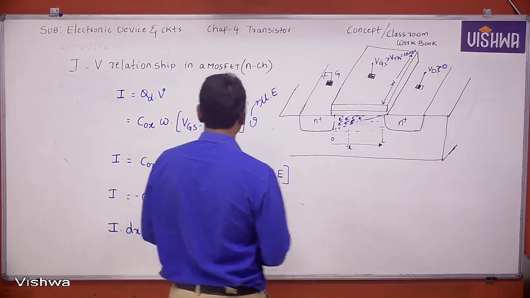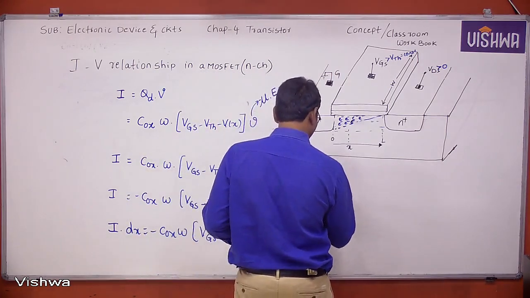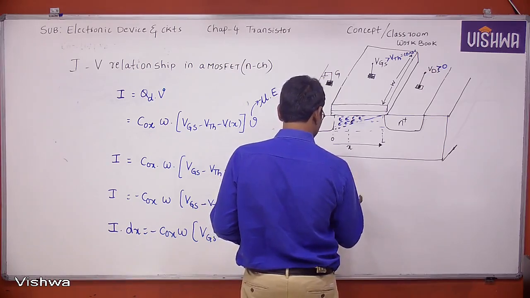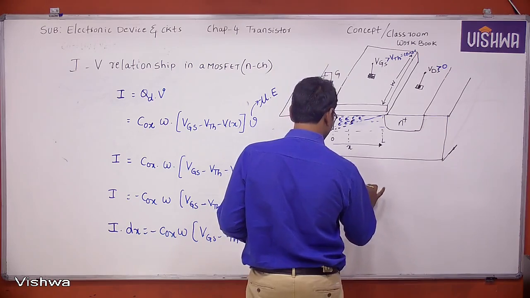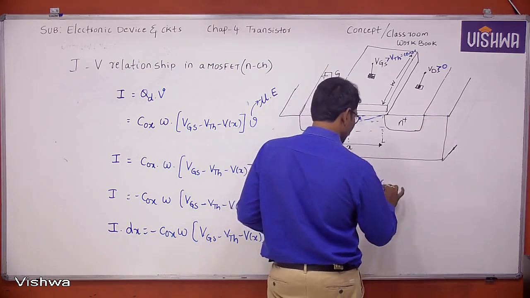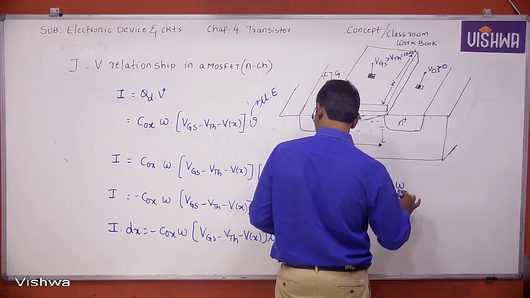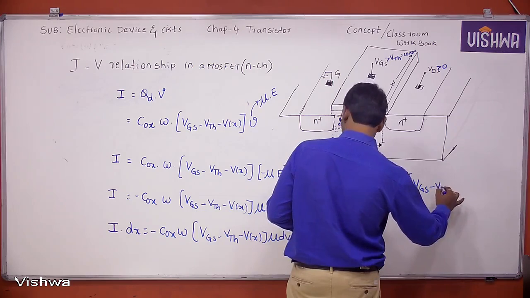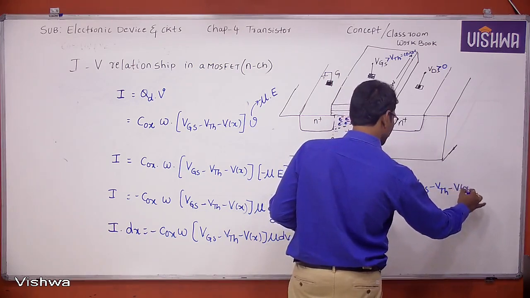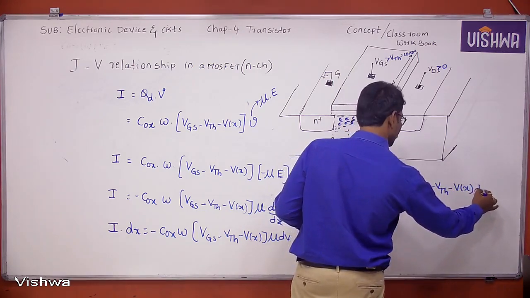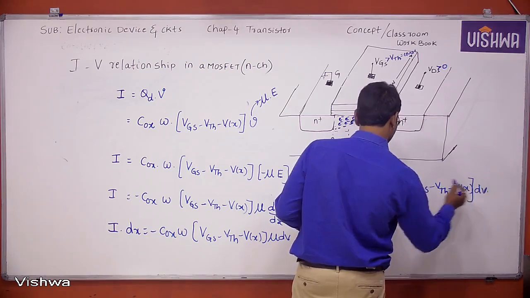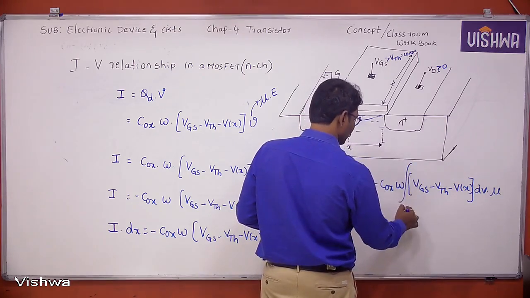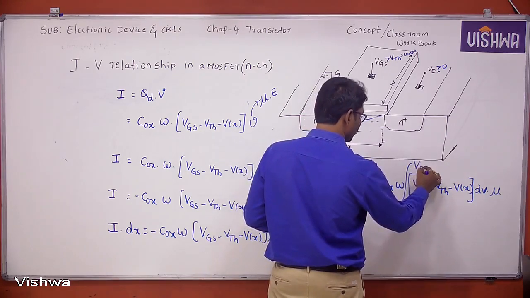So the integral from 0 to L of I dx equals COX into W into mu times the integral from 0 to VDS of (VGS minus VTH minus Vx) dV.